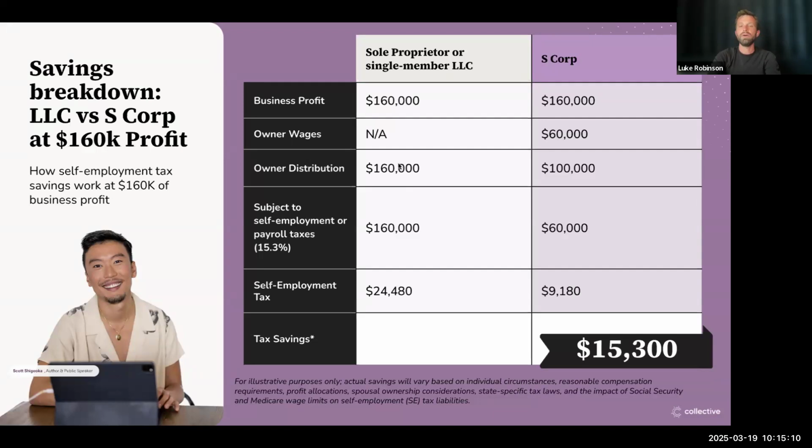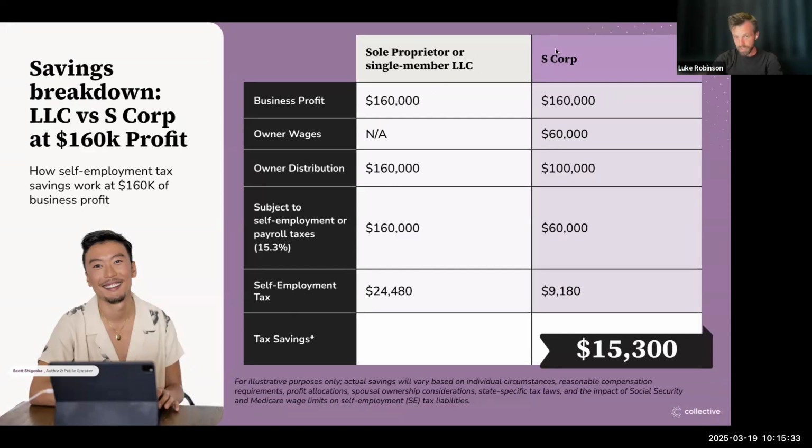It's an owner's draw. That owner's draw is fully subject to the 15.3% self-employment tax. The whole shebang. So the total tax for that is $24,480 for just an LLC.